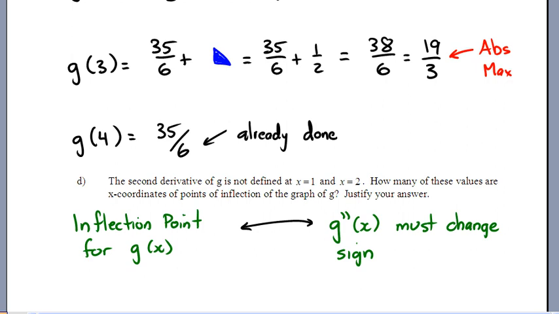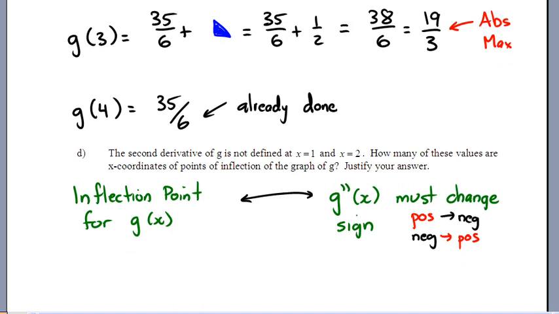In other words, it's got to go from a positive value and then change to a negative value. Or maybe the second derivative goes from a negative value and then changes to a positive value. That's what's going to have to happen if we're going to say, oh yeah, there's an inflection point.